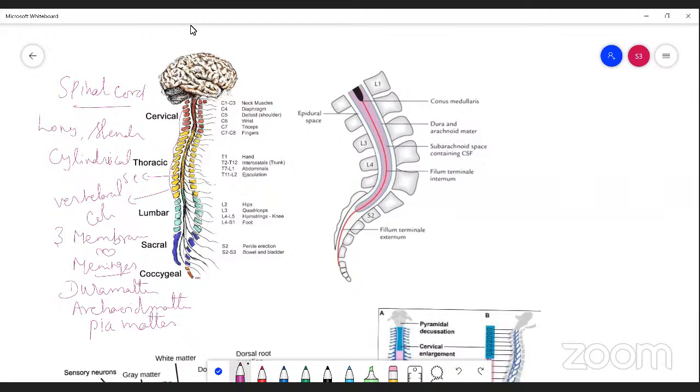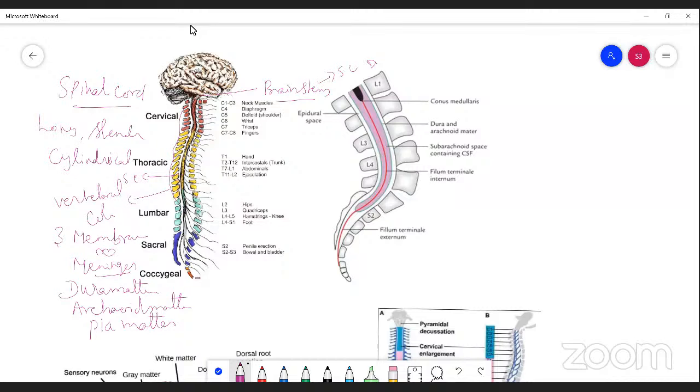This spinal cord extends from the brainstem. Do you know what the brainstem is? In the last class I explained about the brainstem. The brainstem is the part of the brain between the spinal cord and the diencephalon.